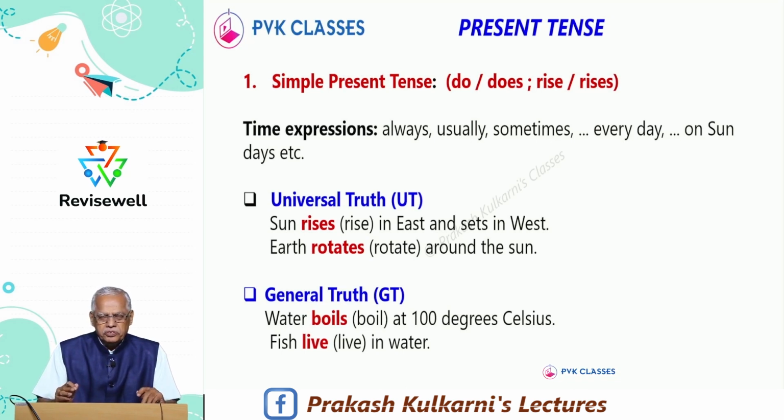What is the difference between do and does in English grammar? Now, please remember, do is a plural verb, does is a singular verb. Similarly, rise, R-I-S-E, rise. So, it is a plural verb, rises, it is a singular verb.